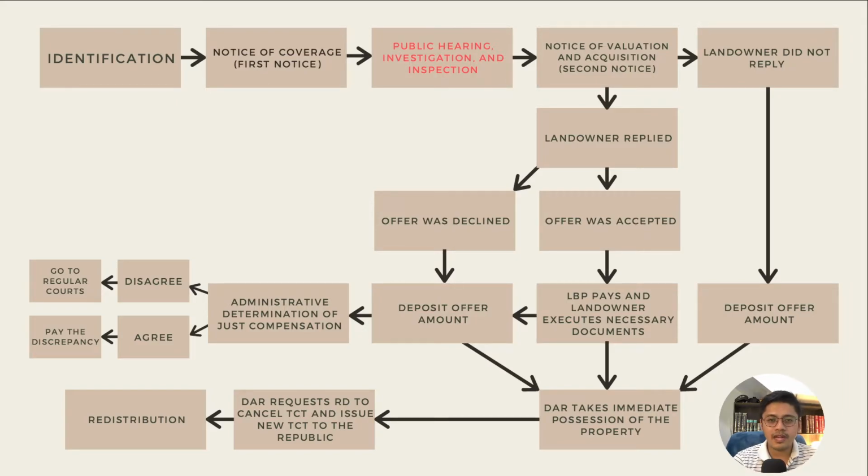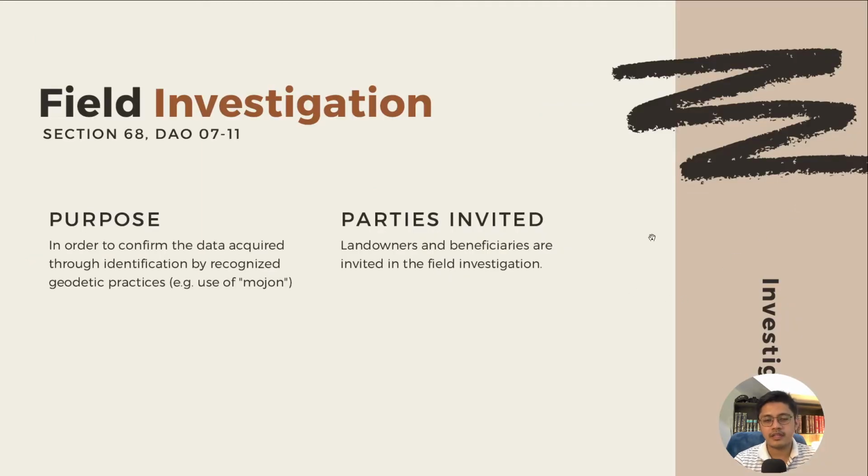So the DAR will have to conduct a public hearing, further investigation, and inspection. This is called technically, under the rules, field investigation. The purpose is somehow confirmatory because beforehand, in finalizing the database, the list of covered lands, investigation and ocular inspection were already done.